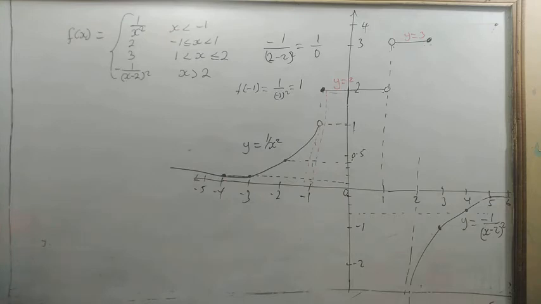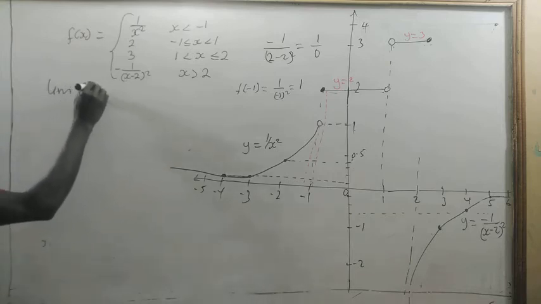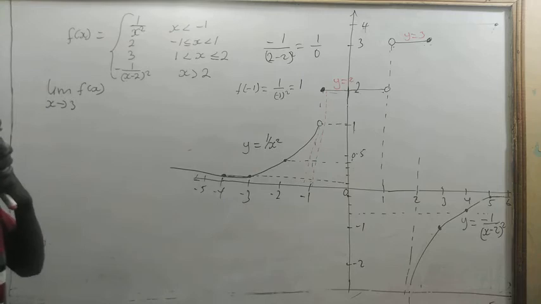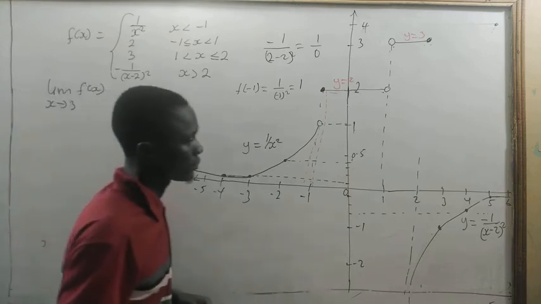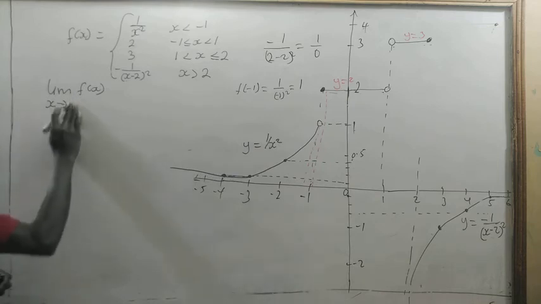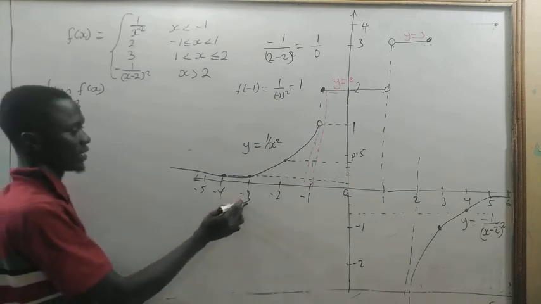And then you look at the limit of f of x as x approaches -3. And where is the -3? This is -3.